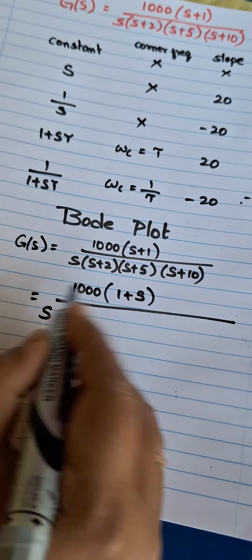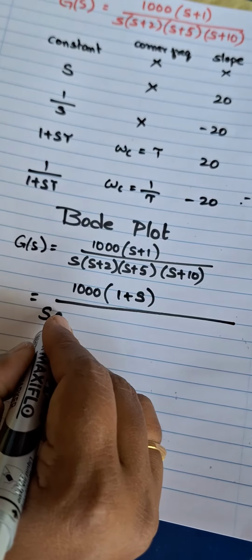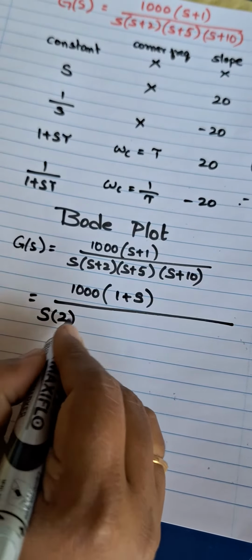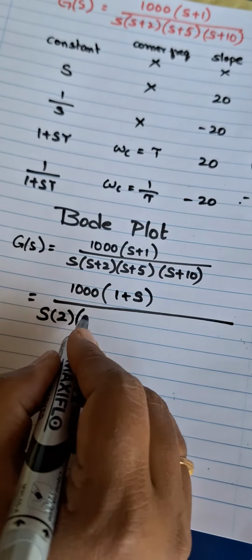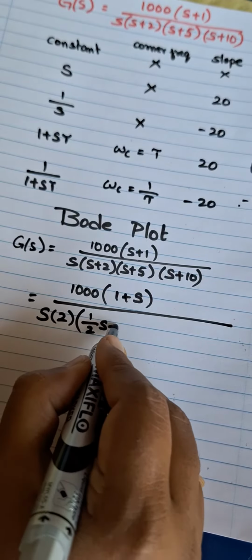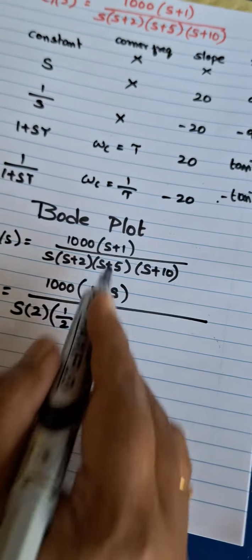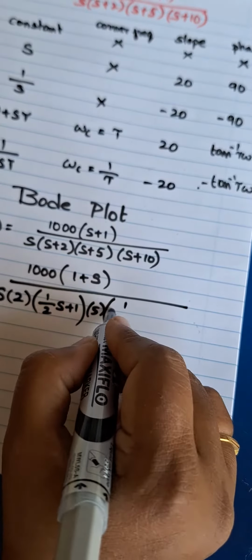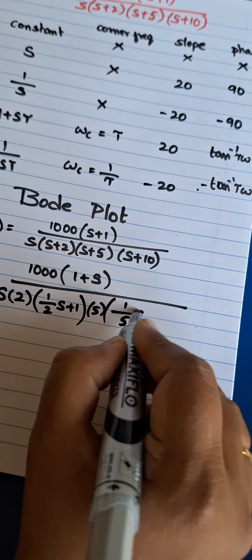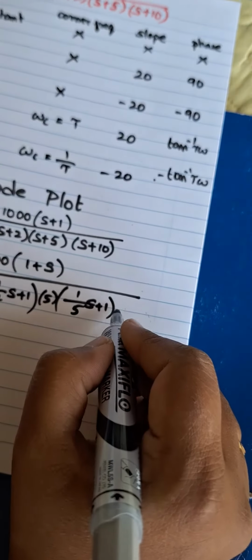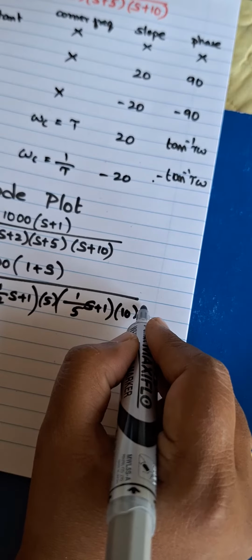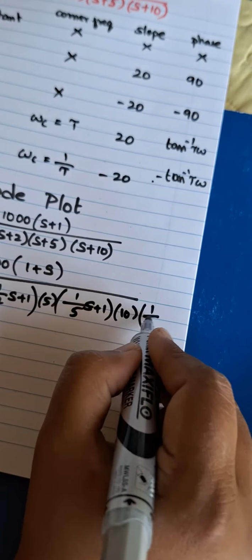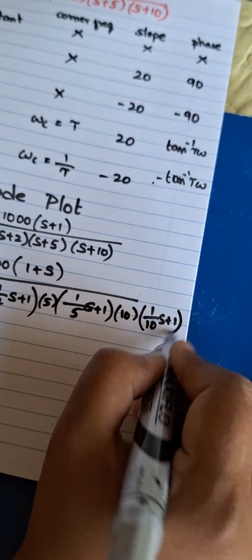Then s is fine, but here 2 should come out, then only it will become standard form. So 2 comes out, meaning 2 into (1 plus s by 2). Then 5 comes out, so 5 into (1 plus s by 5). Here 10 comes out, meaning 10 into (1 plus s by 10).